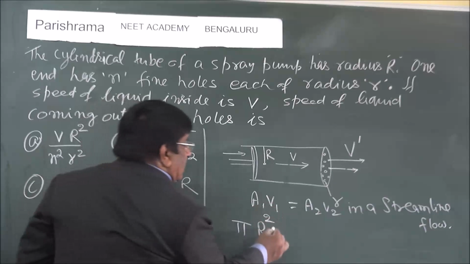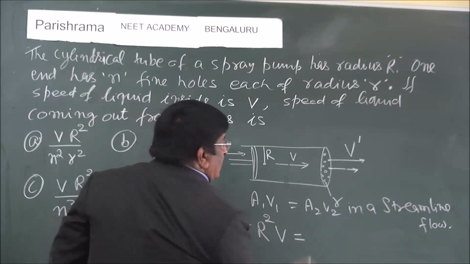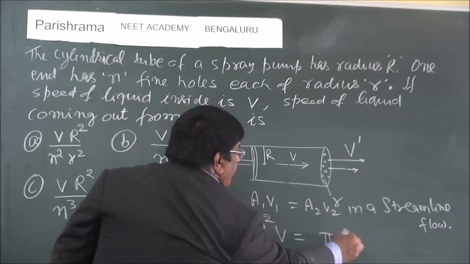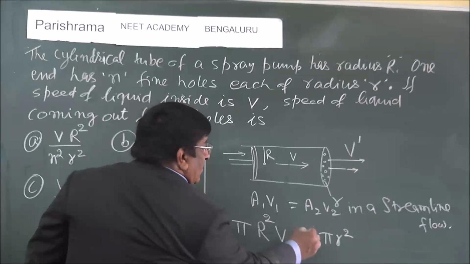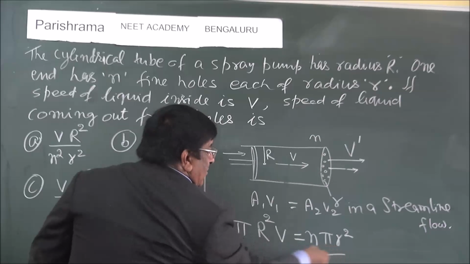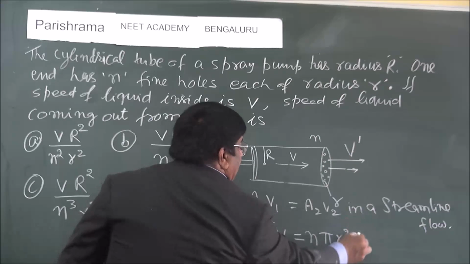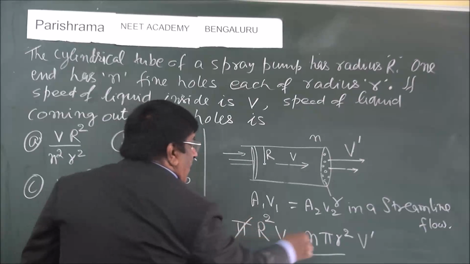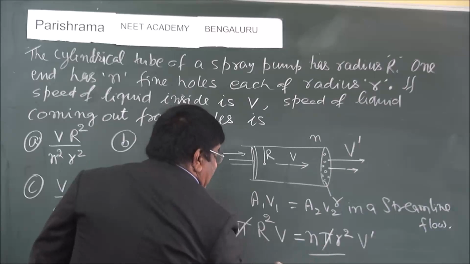Pi r square into V is equal to area 2 into n, because there are n holes here. This is the total area, and what is the velocity? V dash. Now with this you can find the value of V dash.